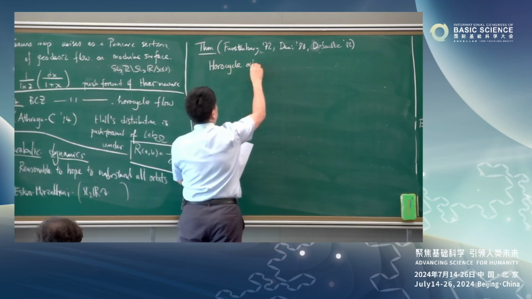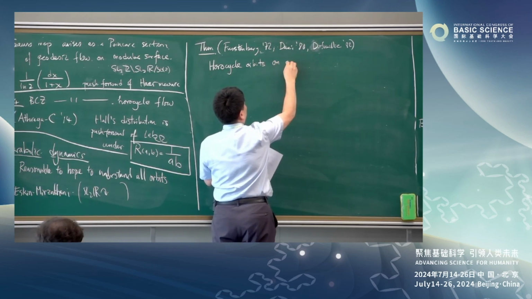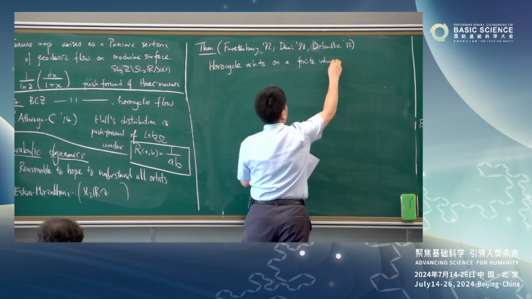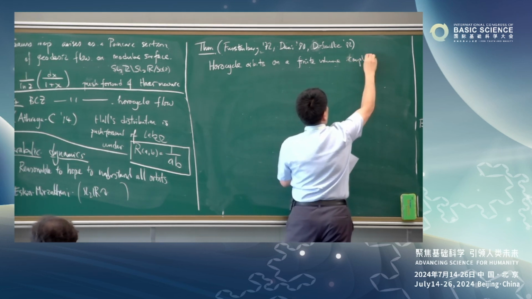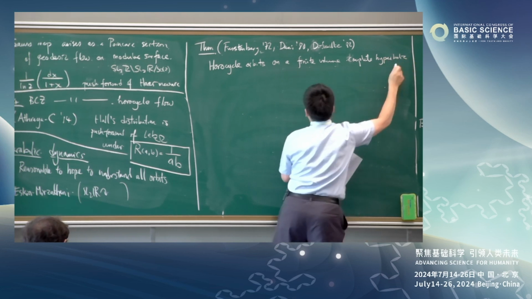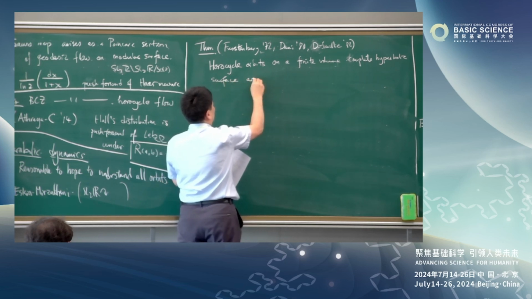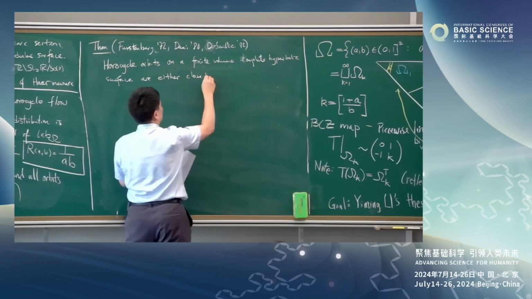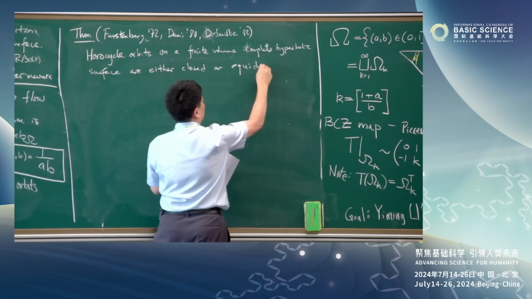Horocycle orbits on a finite volume complete hyperbolic surface are either closed or equidistribute with respect to the Haar measure.